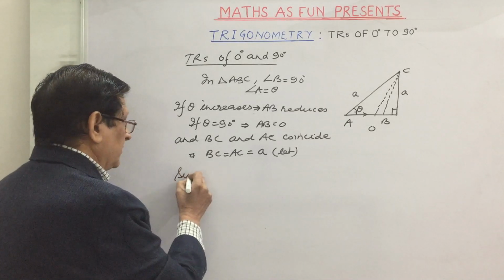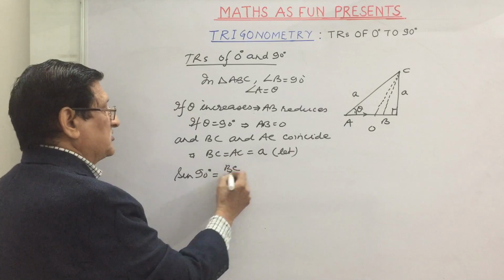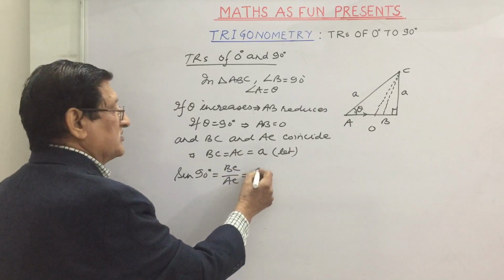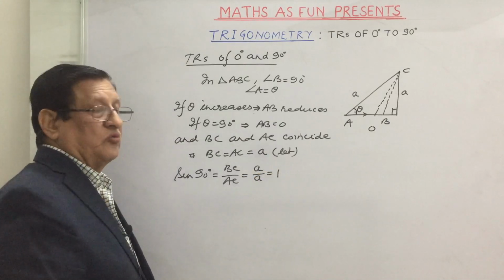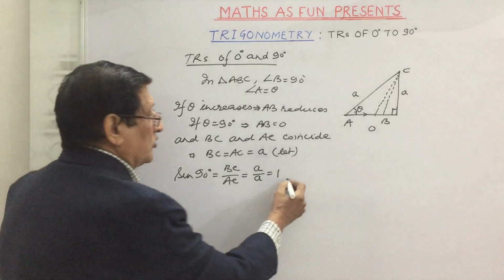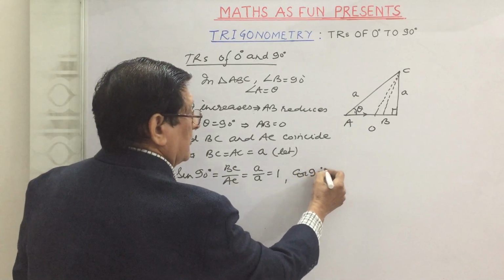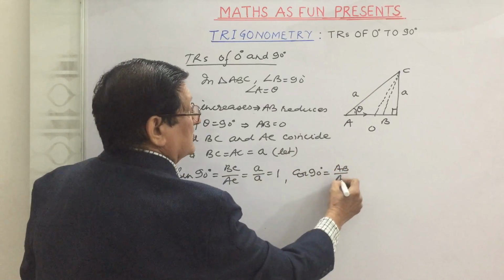Sin 90, perpendicular upon hypotenuse, BC upon AC, BC is A, AC is A, this comes 1. It means sin 90 is 1. Then cos 90. Base upon hypotenuse. Base is AB, hypotenuse is AC.